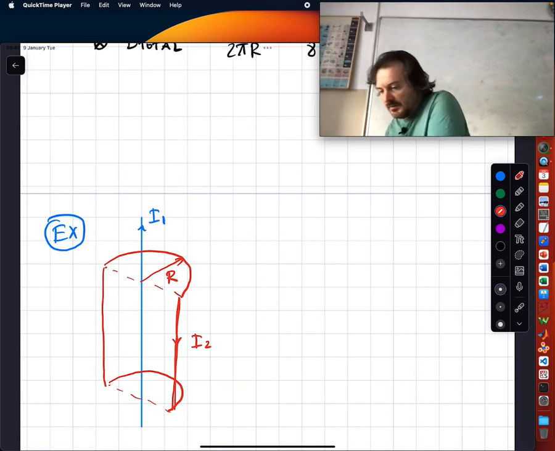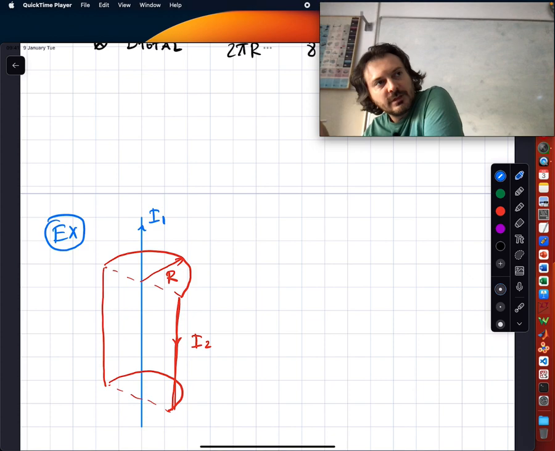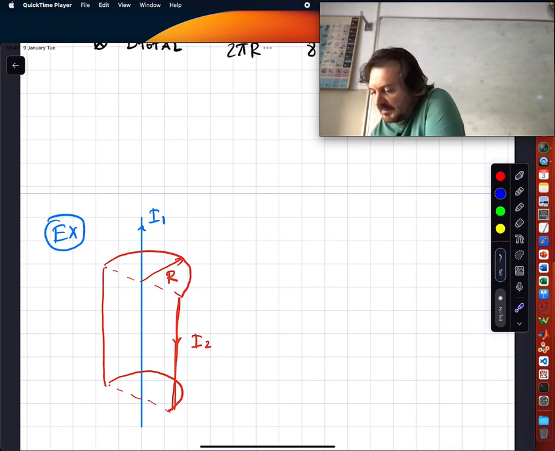So let's start with the following question. Which force is easier to calculate? Parallel, straight. Okay, parallel one is easier to calculate, but my question was rather whether it's easier to calculate force on this one because of this one or force on this one because of this one.